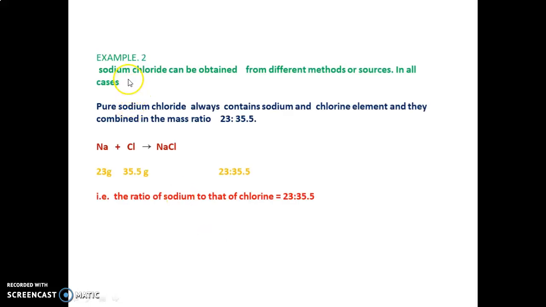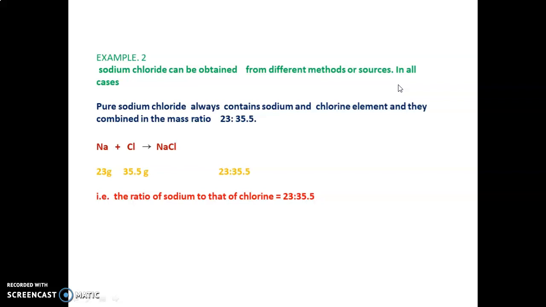We discussed some examples in detail, and here is some continuation of the law of definite proportion. Sodium chloride can be obtained from different methods or sources. We know that sodium chloride can be prepared by different methods.